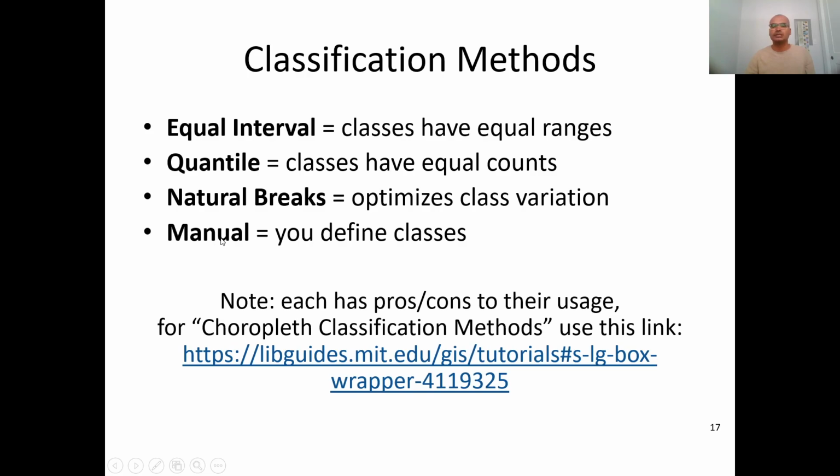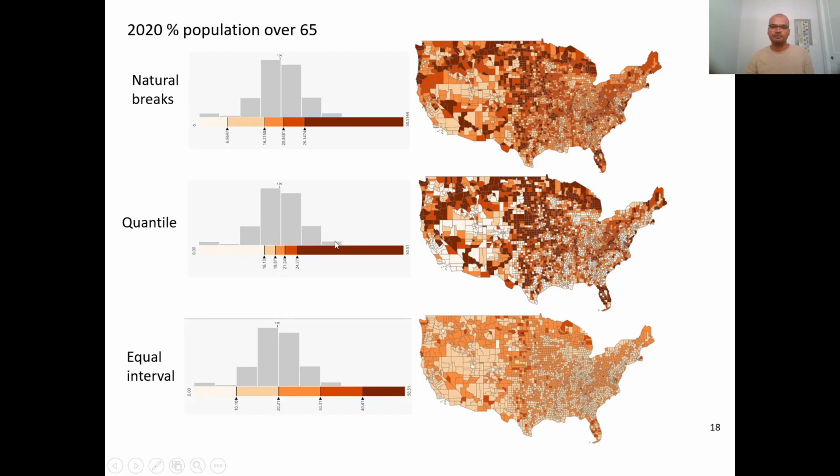Earthquake intensity is normally prepared based on the Mercalli scale or Richter scale, and both scales are defined scales. So you have to use the same scale as it is. Then definitely you have to go ahead with manual scales. So depending upon the objective and data distribution, you can choose any one of these classification methods.